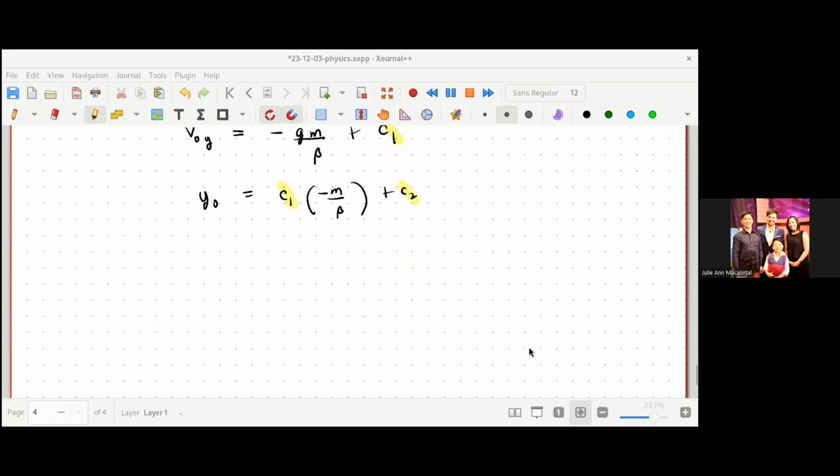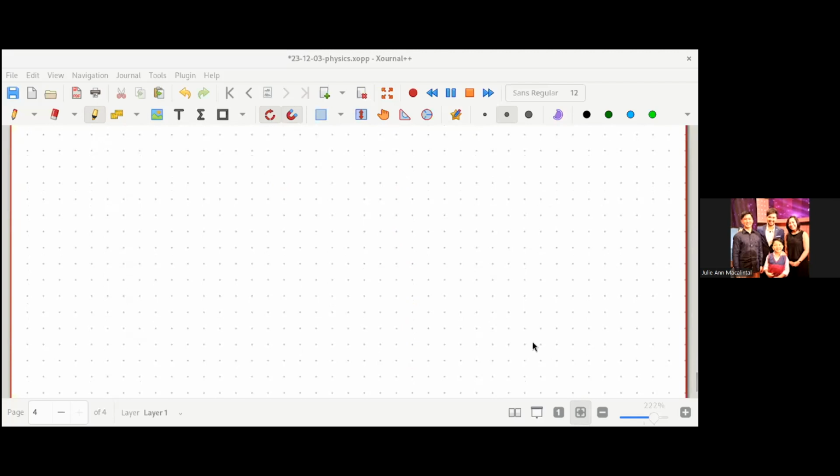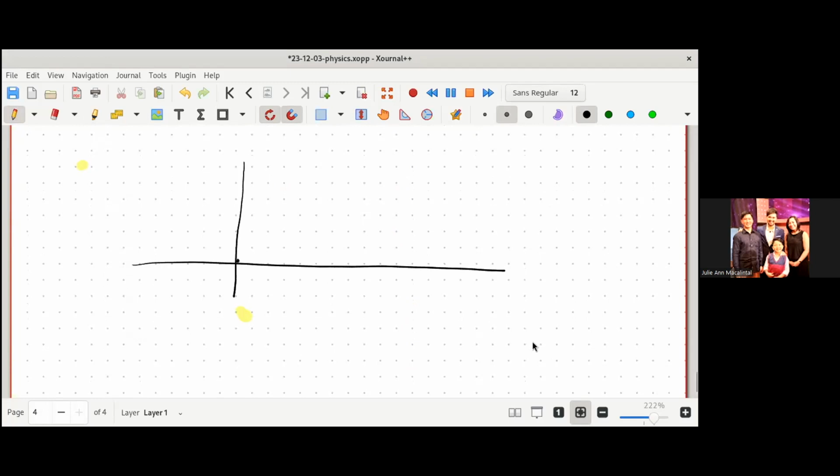So, yung gusto kong gawin mo, exercise ganito. Alam natin kung ano yung magiging motion kapag walang damping. It's going to be parabolic, kasi may binigay na initial conditions.